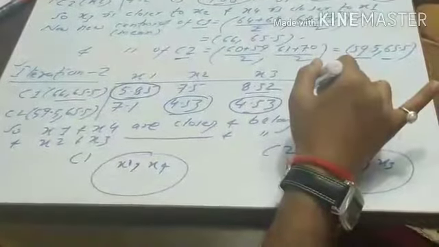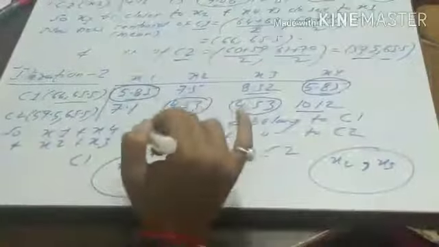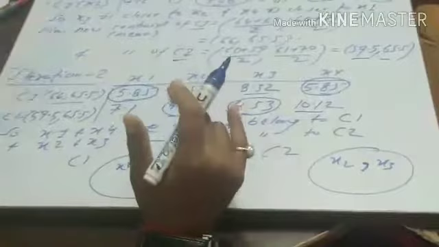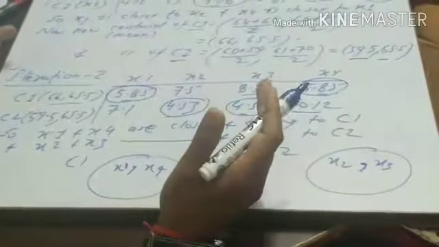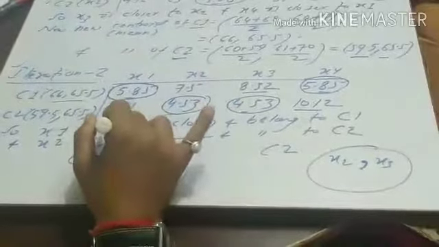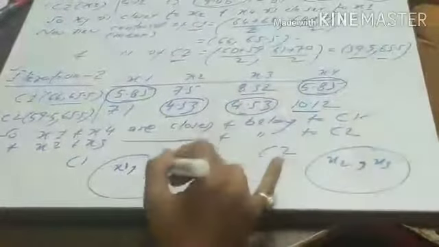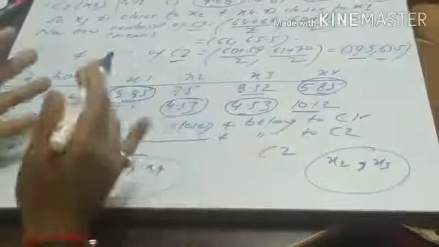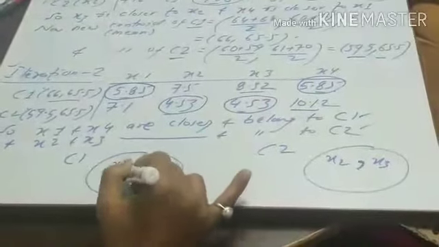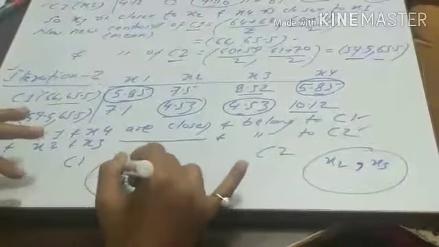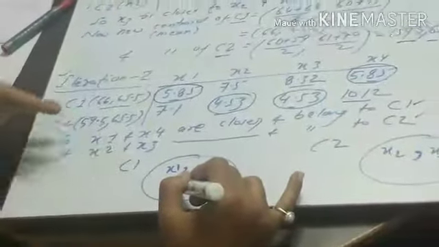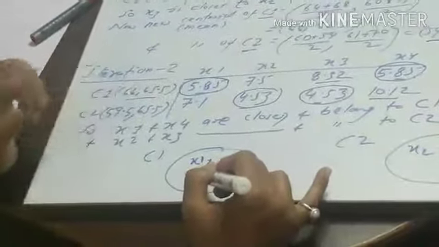Clearly 5.85 is minimum. Okay, then finally we got the clusters C1 and C2, such that x1 and x4 are closer and belong to the cluster C1, and x2 and x3 are closer and belong to the cluster C2. So cluster C1 contains x1 and x4, and its centroid point is 66, 65.5.